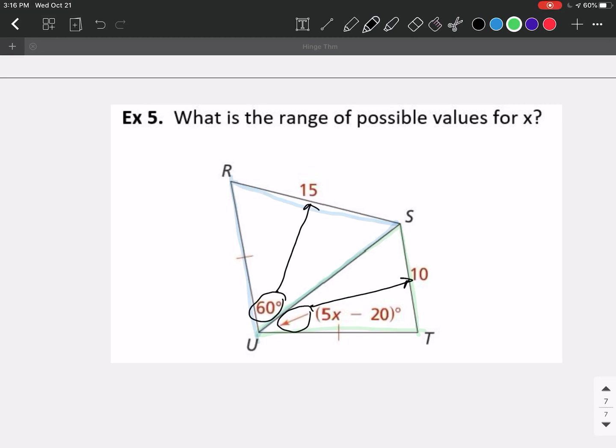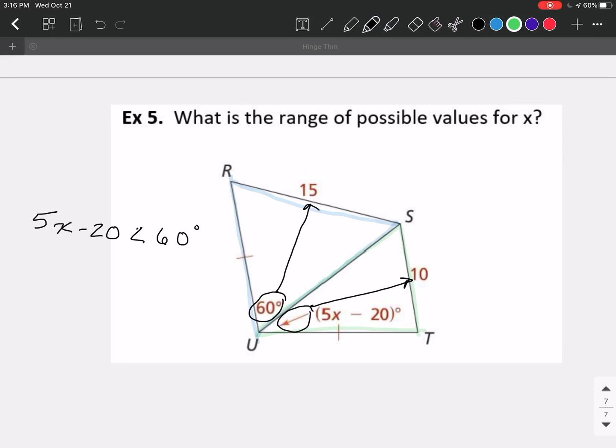So because 10 is less than 15, I know that 5x minus 20, whatever that value is, is going to be less than 60 degrees. And I know that because of my two sides. RS is longer in length than ST is.